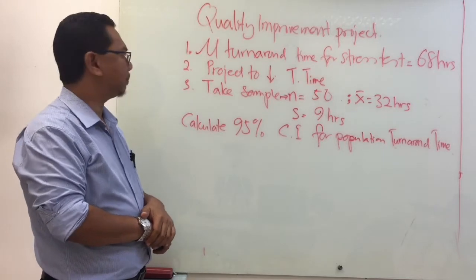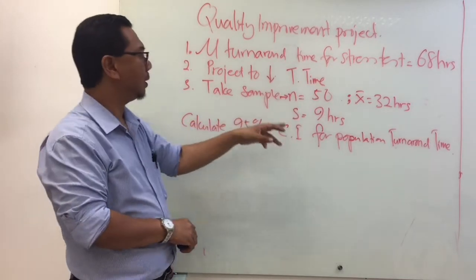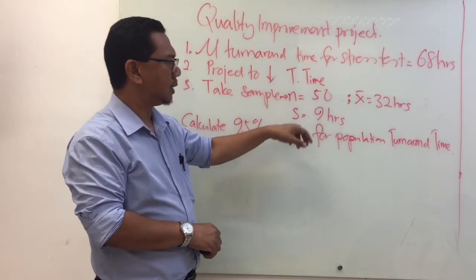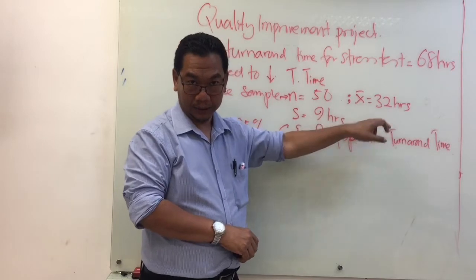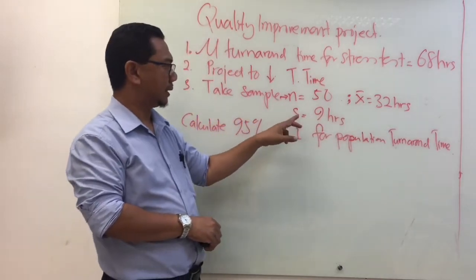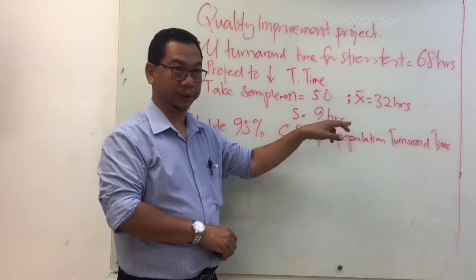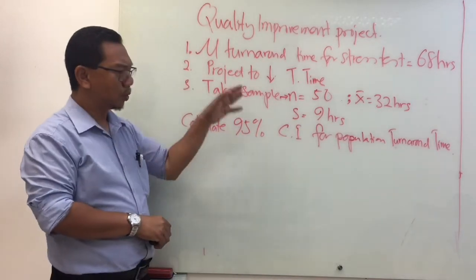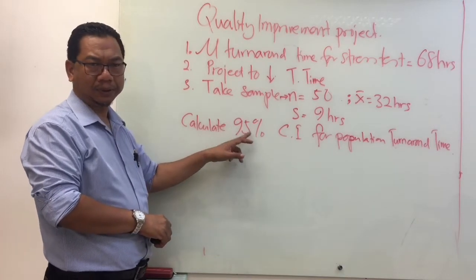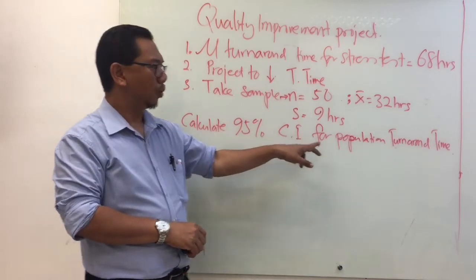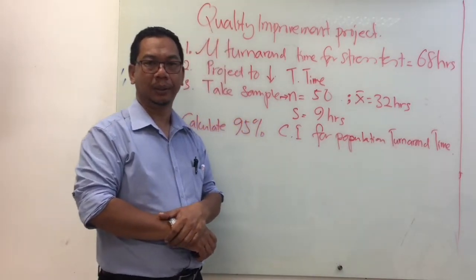Once completed, they took a sample of 50 observations and calculated the sample mean, which is 32 hours, and the sample standard deviation, which is 9 hours. From this information, we want to calculate the 95% confidence interval for the population turnaround time. So how do we do it?